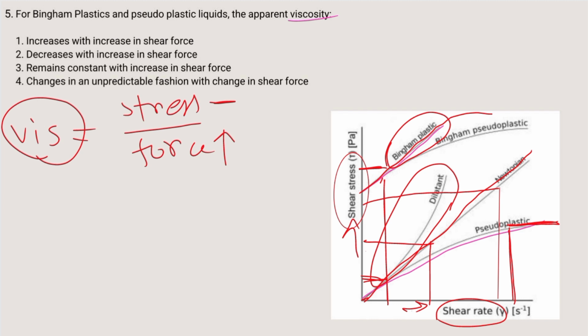This is the rheology property of the fluid, which deals with fluidity, like viscosity. It comes under the rheology of the solution. Now option 2, decrease with increase in the shear force, will be the answer.